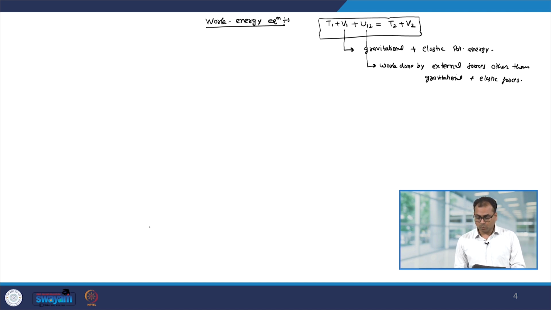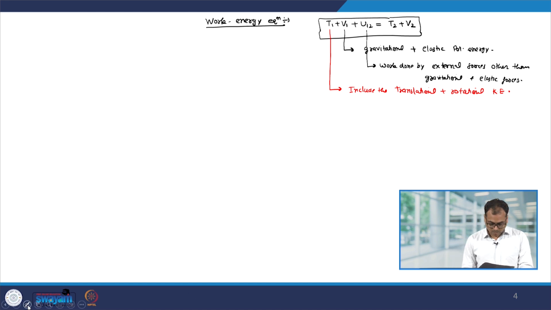And you have to note that the term T1 and of course T2, it will include the translational plus rotational kinetic energy. Okay. So, based on this, now let us look at a couple of problems.